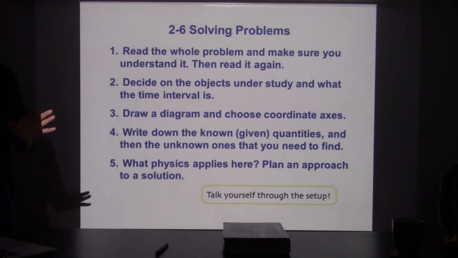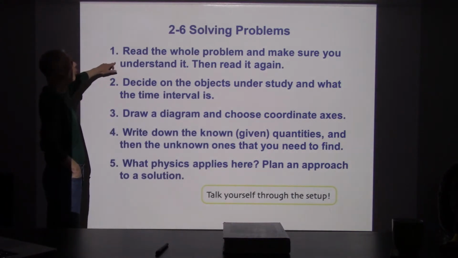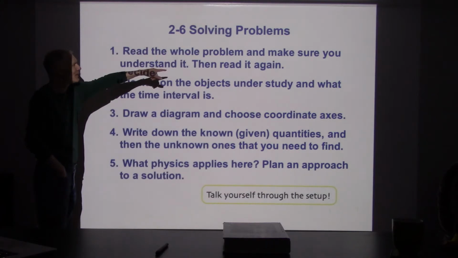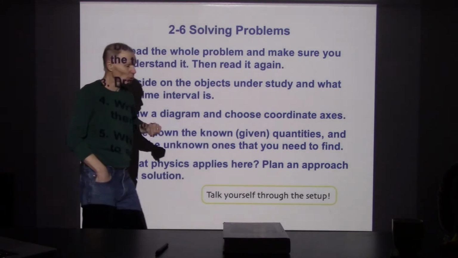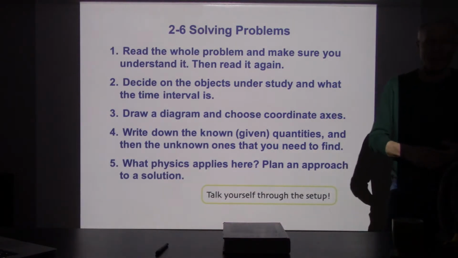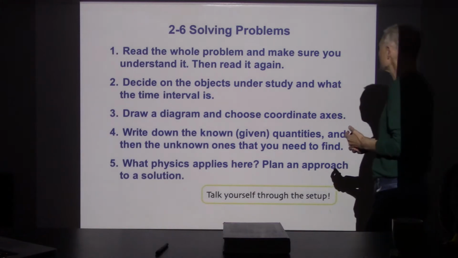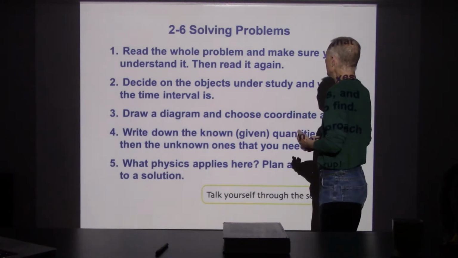Okay, here's the advice in problem solving. Read the whole problem, make sure you understand it, then read it again. That's such good advice for me, because I was saying earlier, I have to be disciplined with myself.